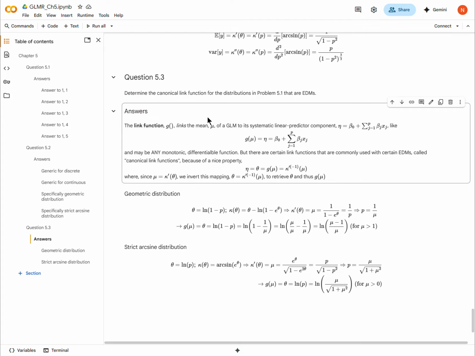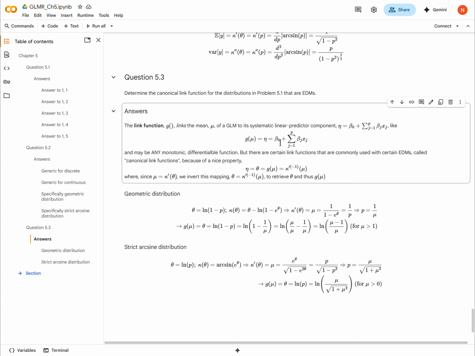There are only a few qualifications to be a bona fide link function, namely that whatever this function is, it's monotonic and differentiable everywhere. This means that you could swap in and out different link functions, even though there's one called the canonical link function, which is often a very convenient one to use.